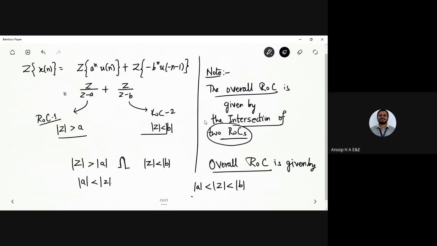This is the overall ROC, and this is how I can draw it.